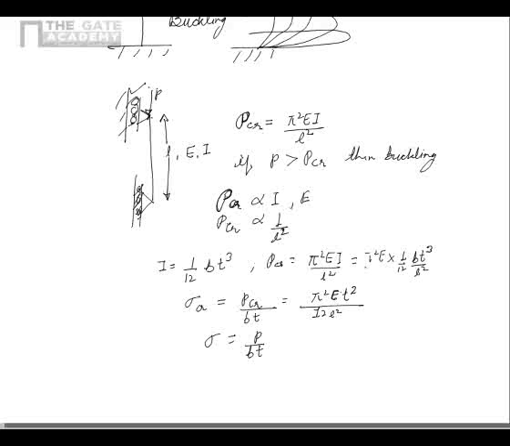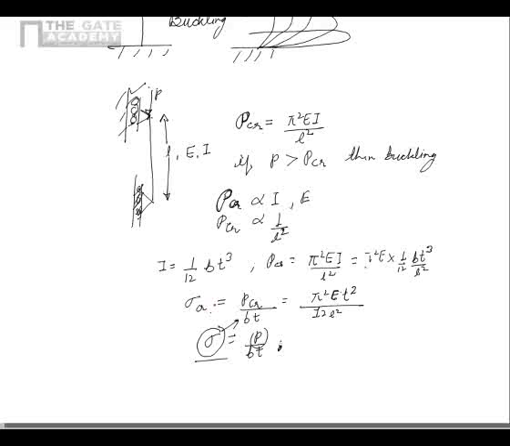So if we have to compare the two values, say the force which is applied here is taken as the critical force itself, and I substitute the value of P critical here, or rather I say that this stress is equal to this stress, then I will see that a very small force P is able to create a very large buckling stress. This is the buckling stress, while the value of the compressive stress is very small.